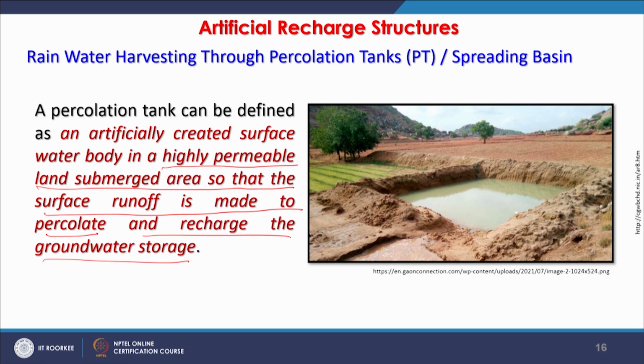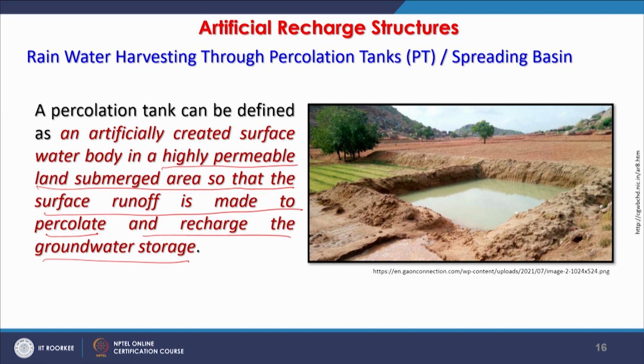The aim here is to capture the surface runoff, but a lot of investigation is required to find the most suitable land, with a highly permeable surface. The top soil should not be clay, and if it is hard rock terrain, the top part should be fractured and weathered, only then will these be successful.